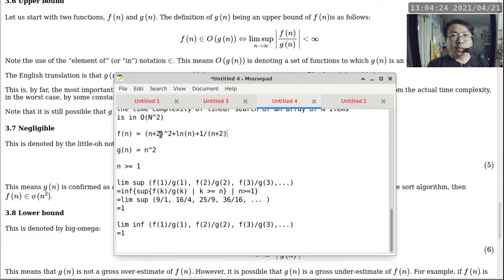The n squared is the component inside (n plus 2) squared. It determines that when n gets larger and larger, as n approaches infinity, it really is the same as g of n. The rest of the components become insignificant as n approaches infinity.